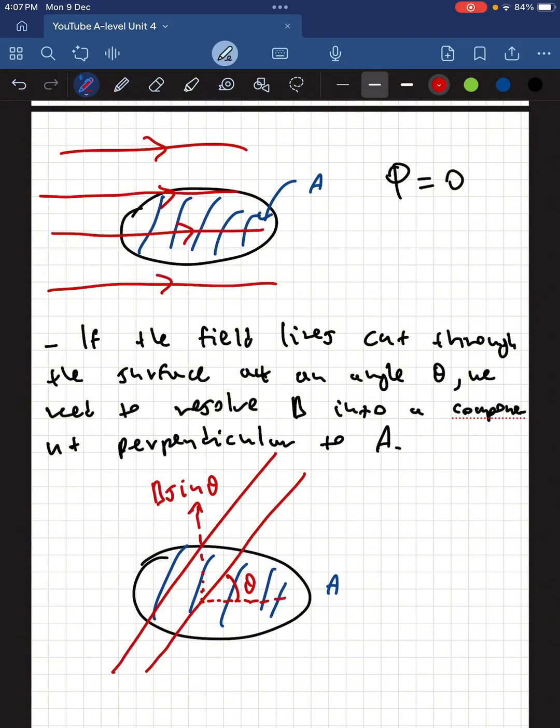And we can, of course, analyze this magnetic field into a horizontal component as well, which is going to be B cosine theta. But B cosine theta is parallel to the cross-sectional area, so the contribution to phi is 0. So in this case, phi is B sine theta times A.